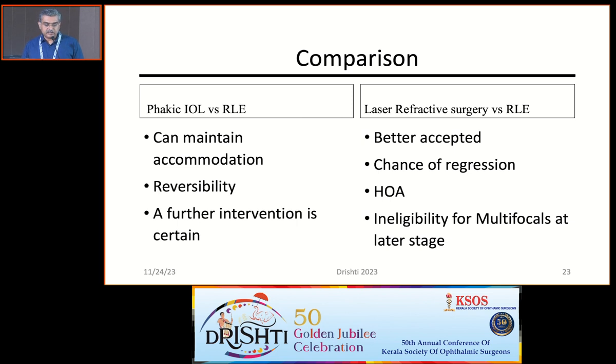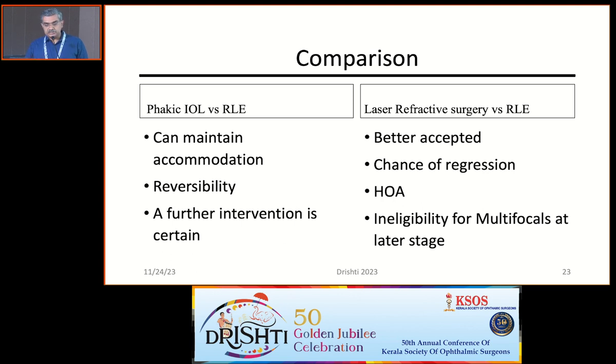When comparing with phakic IOLs, phakic IOL definitely has the advantage of reversibility and can maintain accommodation, but a further intervention is definitely indicated when they become older. Laser refractive surgery is better accepted and has a chance of regression, but the higher order aberrations make it a little less favorable than refractive lens exchange.